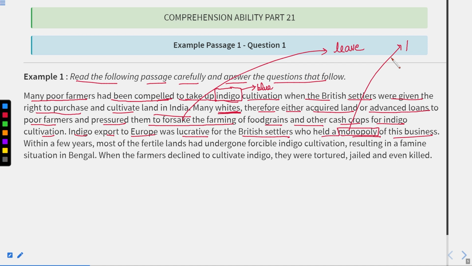Within a few years, most of the fertile lands had undergone forcible indigo cultivation.